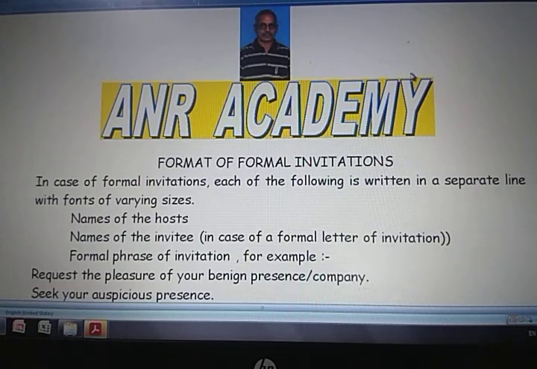First, the names of the host should be written. Next, the names of the invitee. This is only for when you are inviting a few number of persons. In case of a formal letter of invitation, you should write the names of the invitee.